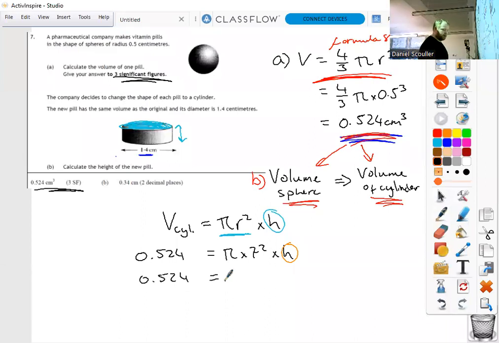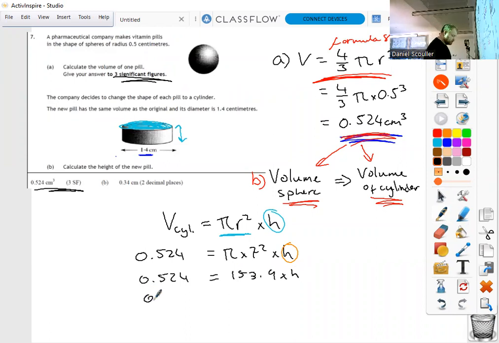0.524, putting that in our calculator. Pi times 7 squared is 153.9 times h.